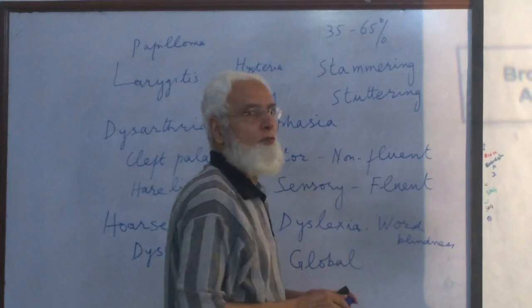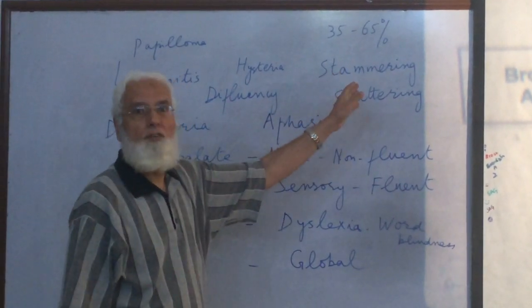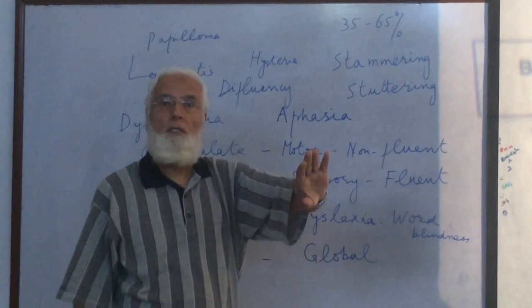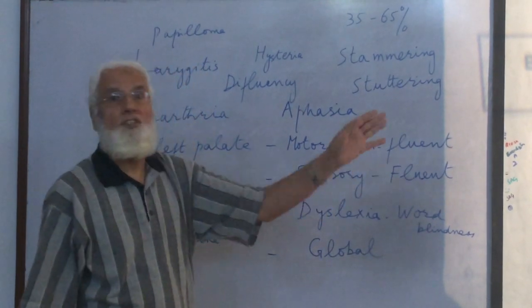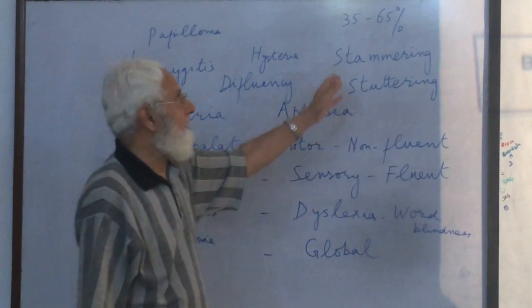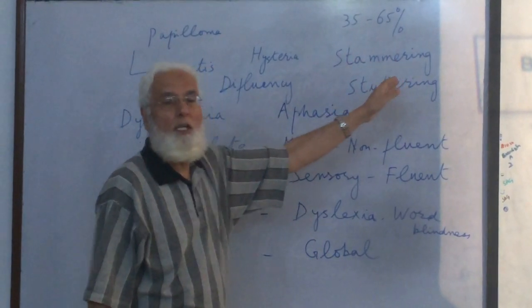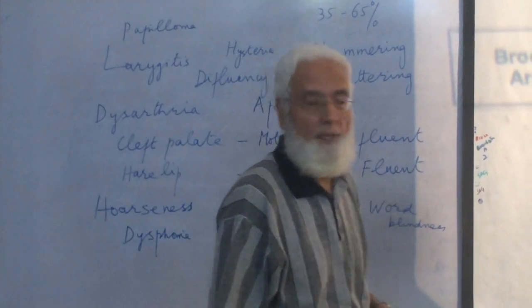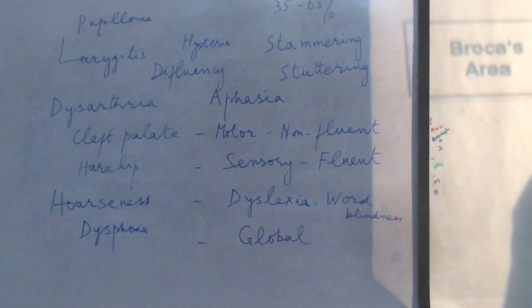If parents have stammering, then 35 to 65% of the children may get this disorder of speech, stammering. So familial predisposition is one factor.